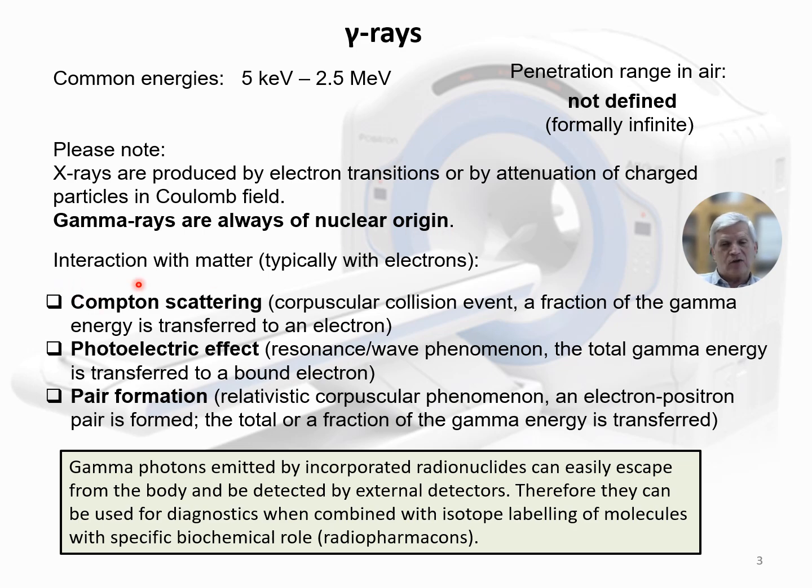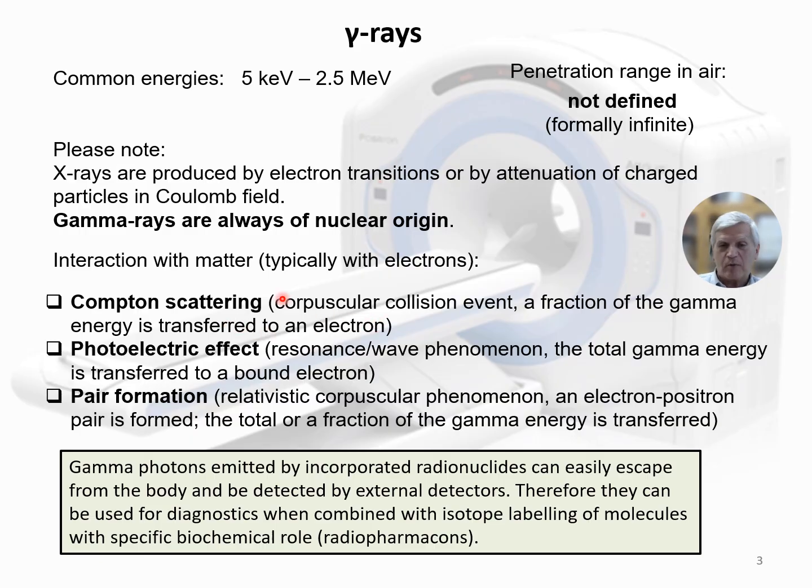What about the interaction with matter? Again, typically with electrons, but it is pretty complicated. There are several mechanisms. The first is the so-called Compton scattering. This is a corpuscular collision event when a fraction of the gamma energy is transferred to an electron.